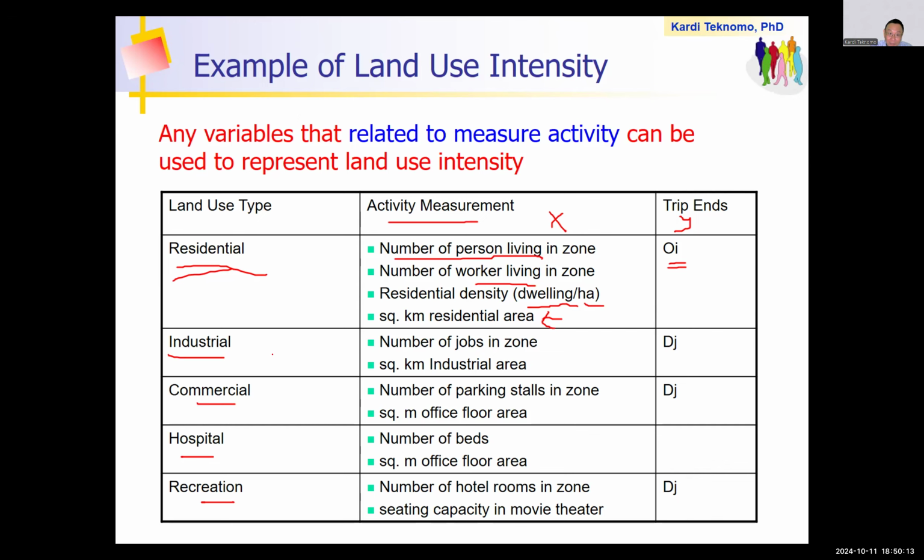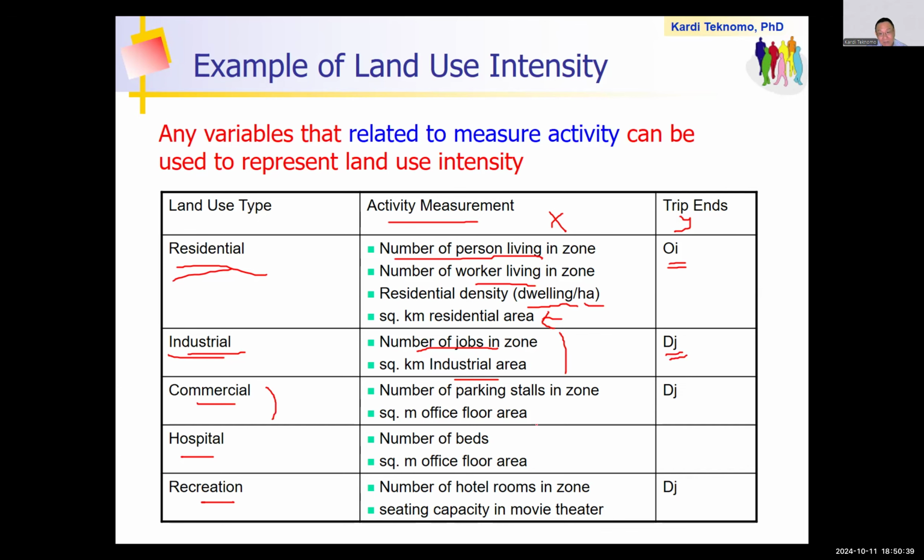Now, if your land use type is industrial, then you are talking about the number of jobs or the square kilometer of the area. So this is the input. The output is the number of trips, person trips, the same thing.